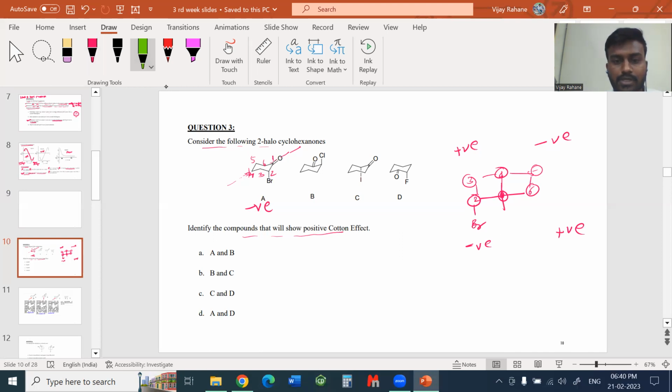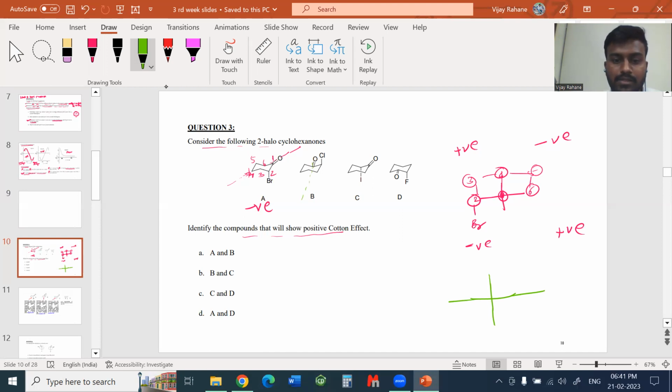For this one, we will just draw a simple diagram. Just look at this one. This carbon is not at the head of the chair, it is at the leg. So we will directly see from this side, and no need to do an inversion, right?